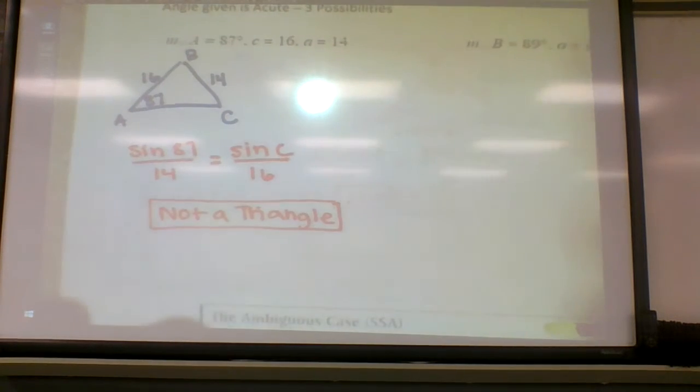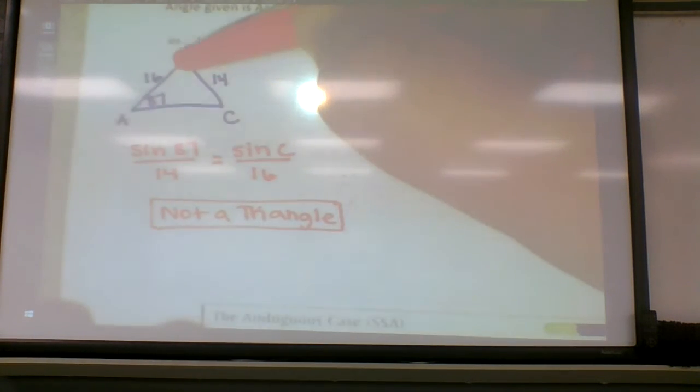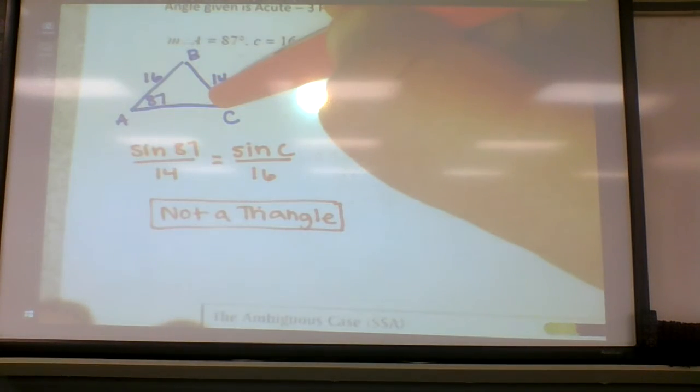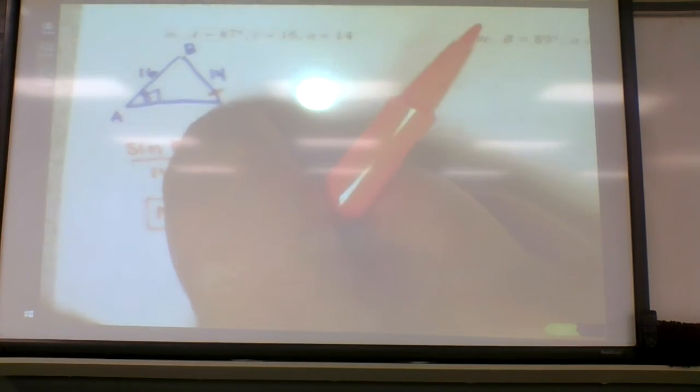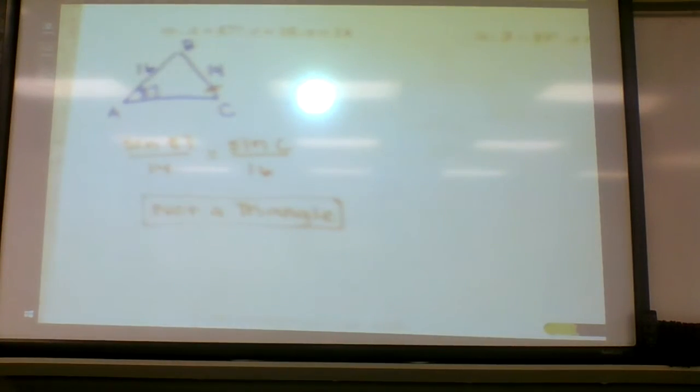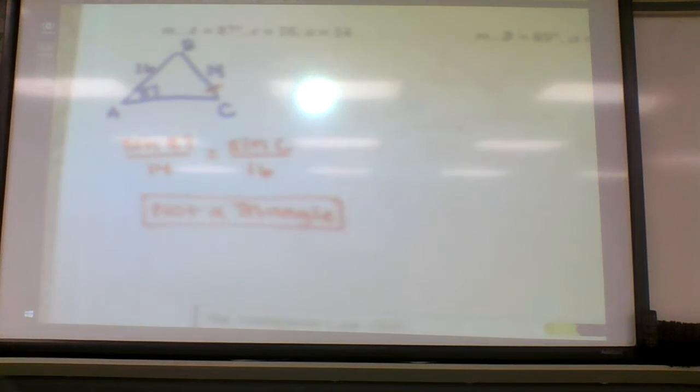So what is happening here is this side, this 14, is too short to reach. So it's getting stuck. It's actually stopping like there, and it doesn't have enough length to get all the way to that other number. Does that kind of make sense? It's a little too short, unfortunately. So it's just kind of like hanging there and not making the actual triangle.